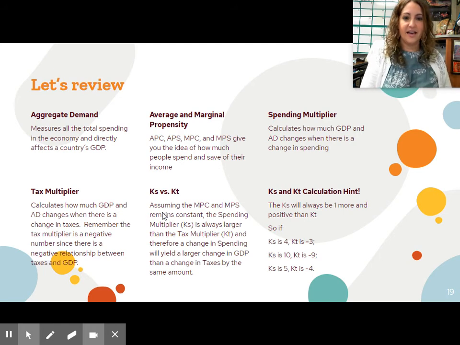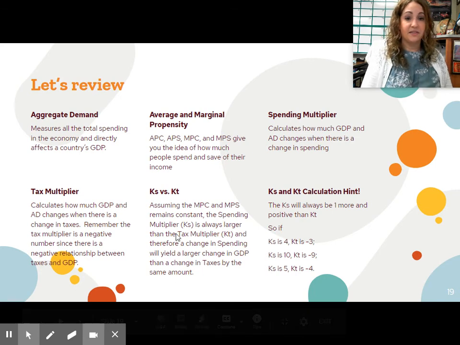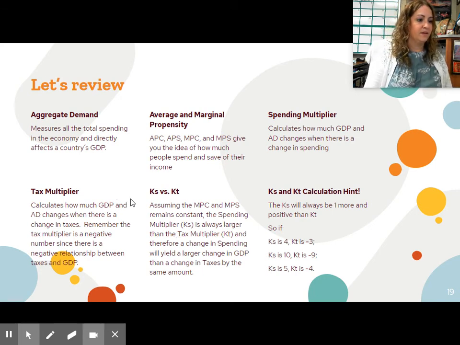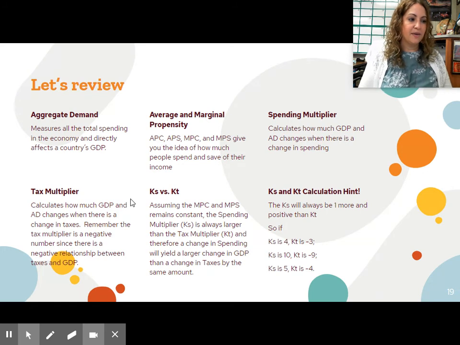And when it comes to KS and KT, KS being the spending multiplier, KT being the tax multiplier, assuming that MPC and MPS remain constant, the spending multiplier, KS, will always be larger than the tax multiplier, KT. And therefore, a change in spending will yield a larger change in GDP than a change in taxes by the same amount. So I was kind of hinting at that earlier.